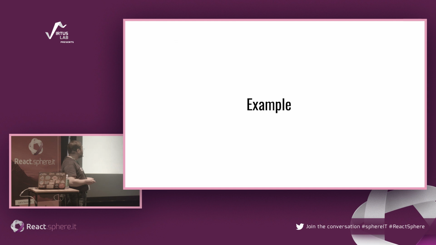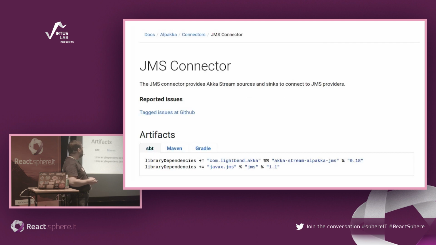Okay, so let's start with an example. How can you integrate your Akka Streams with the external world using Alpakka? I'll be using a JMS connector. This pretty well matches the streaming abstraction. So I have a stream and I'm pushing things, I would like to push them a bit further into JMS. Makes sense.